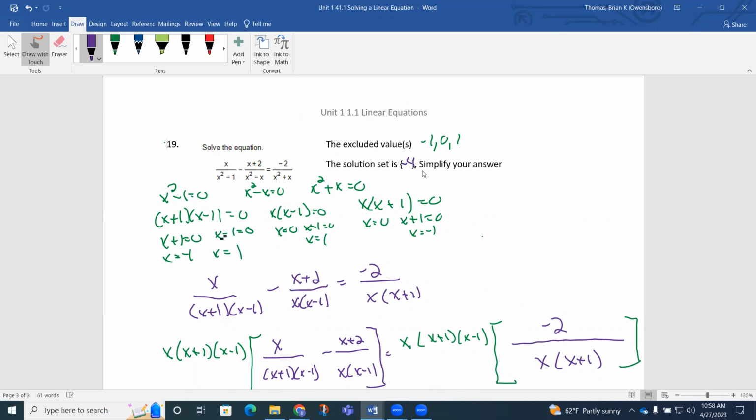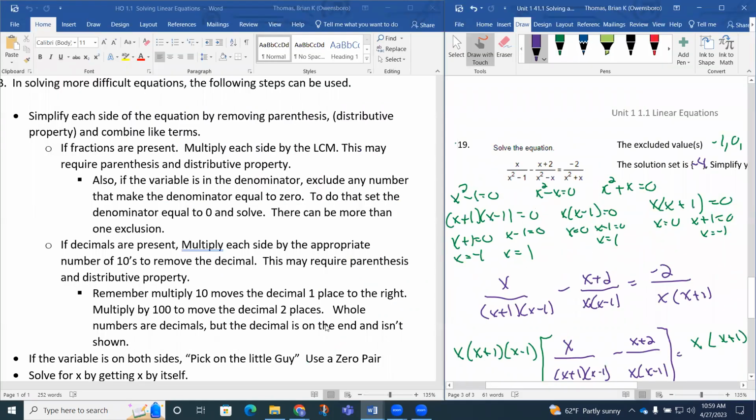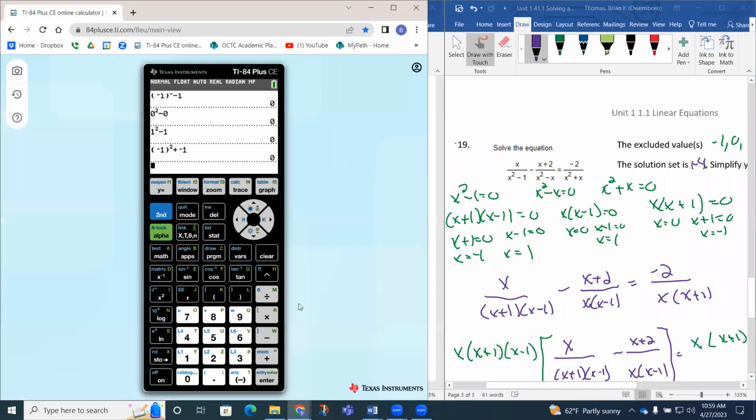Now, if we wanted to check that, we could substitute that into the problem. That's kind of a booger bear to do, but you could possibly do this. So if I substitute a negative 4 in for x, I have a fraction, so I use the fraction template on the calculator.